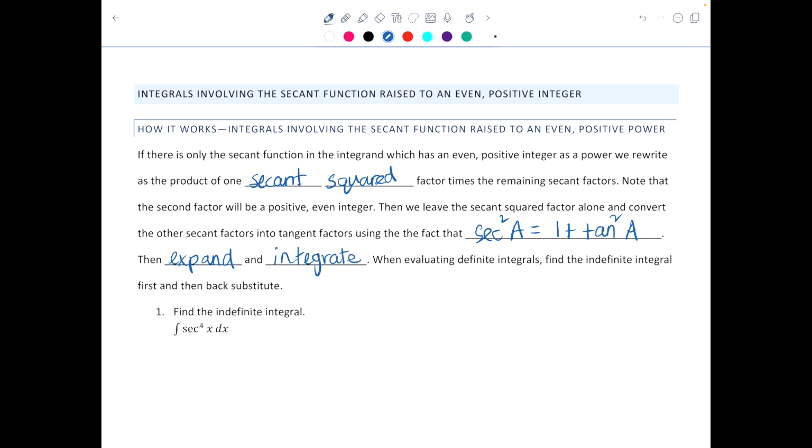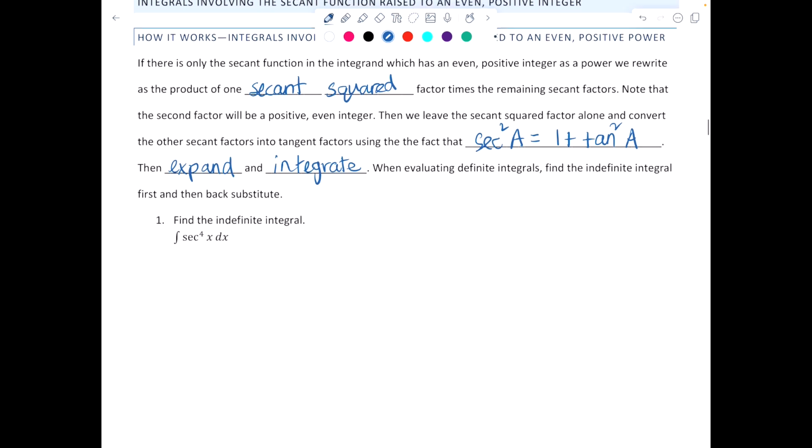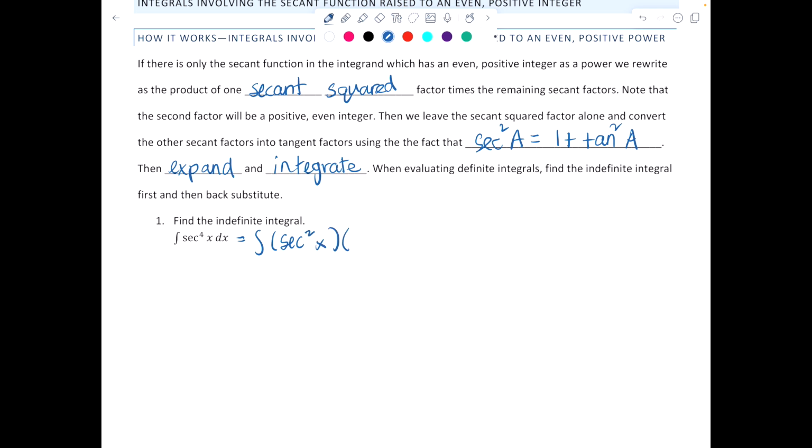Groovy? Okay, so here we go. We've got the secant function alone and it's even. So we rewrite this as secant squared at x times secant squared at x times dx.